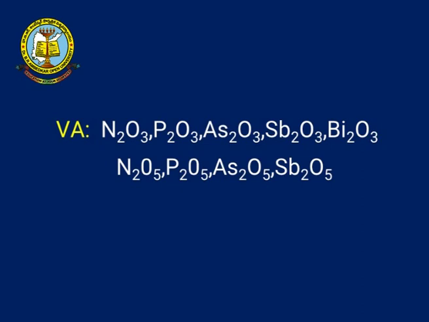So, remember here that nitrogen cannot form pentoxides because of its small size and the non-availability of d orbitals. That is why nitrogen cannot have the 5 valency state.